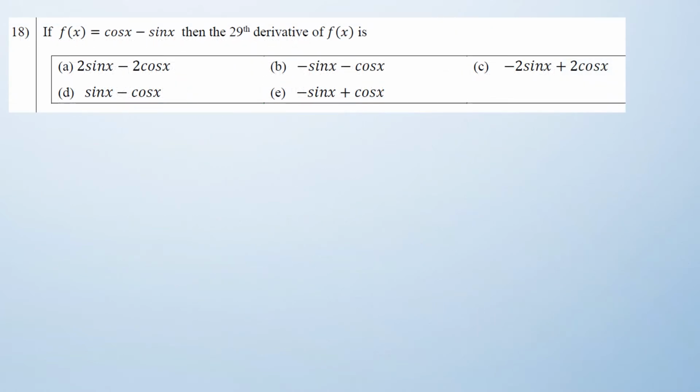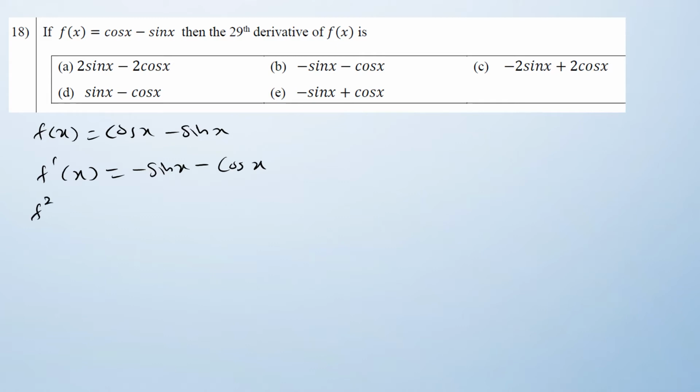Question number 18. We have to find the 29th derivative of f(x). Definitely, we will be able to find a relationship between a few derivatives. f(x) is cos x minus sin x. Then the first derivative is the derivative of cos x, which is minus sin x, minus the derivative of sin x, which is cos x.